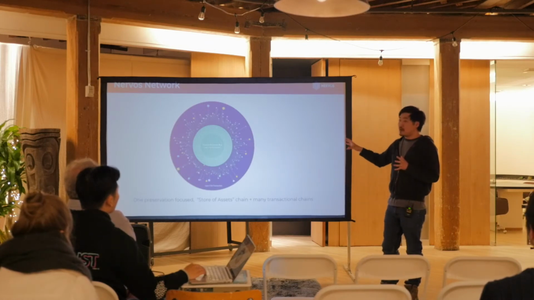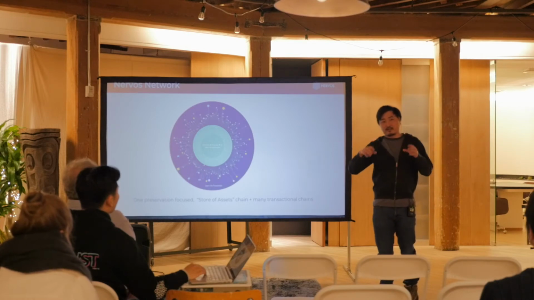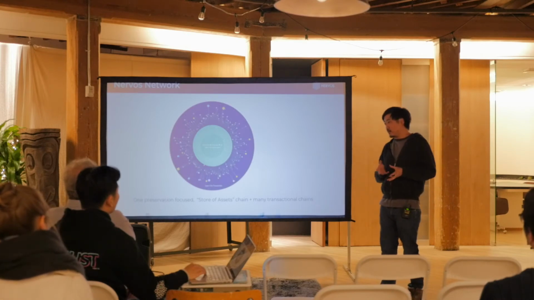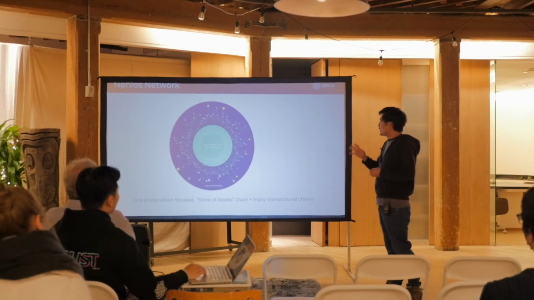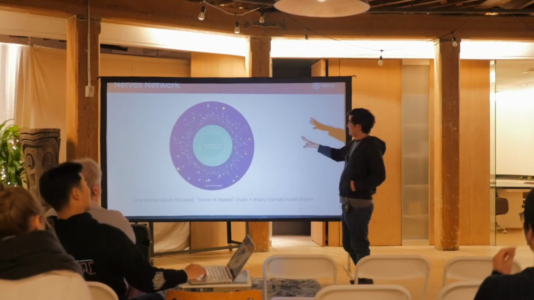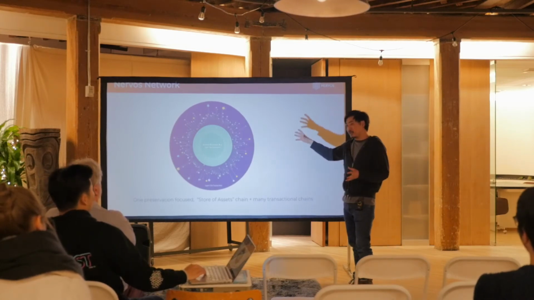Now, we're not the only one with one in the center and many around topology, right? But we think this is the only way that you can make the topology make sense.